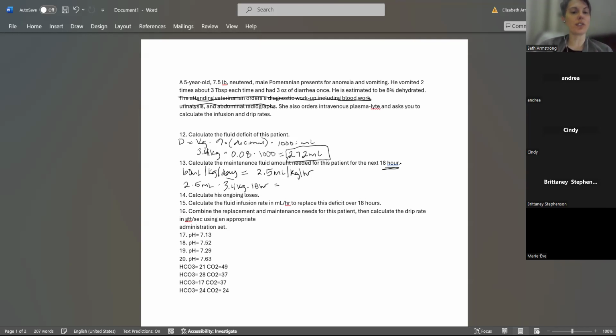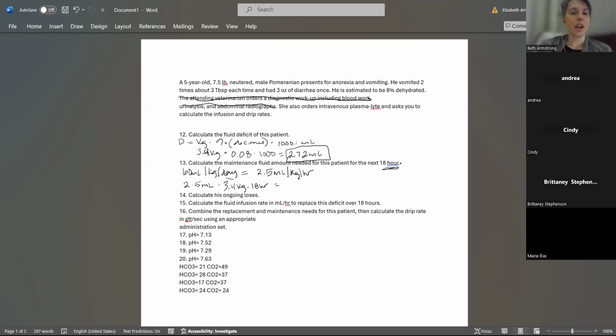You can also go backwards and do the 60 mils per kg per day for the 24 hours worth for the day, and then divide that by 24 and then multiply it back to 18. That's fine too. However, this is just nice to keep in your back pocket: 60 mils per kg per day equals 2.5 mils per kg per hour.